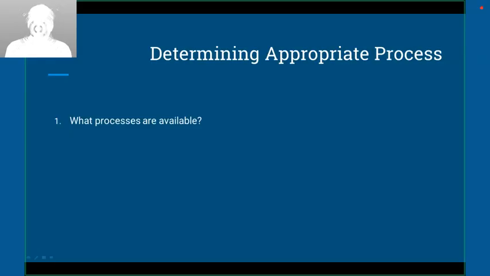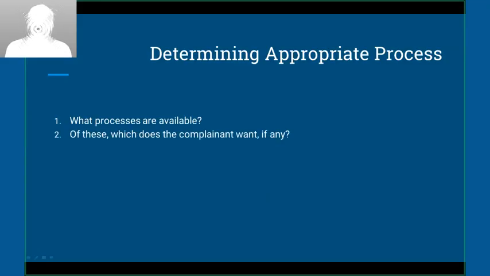Determining what process is appropriate. So I first think in a particular case, what processes are available? And this is going to be determined by the policy and by the capacity and expertise to offer up a process. So you have to have people that are trained to implement the processes that you're offering. If you're offering a process, you have to be able to carry it out competently and effectively. So availability might be determined in a particular case by the policy, and whether it's a policy violation or whether it's not particularly at that level.